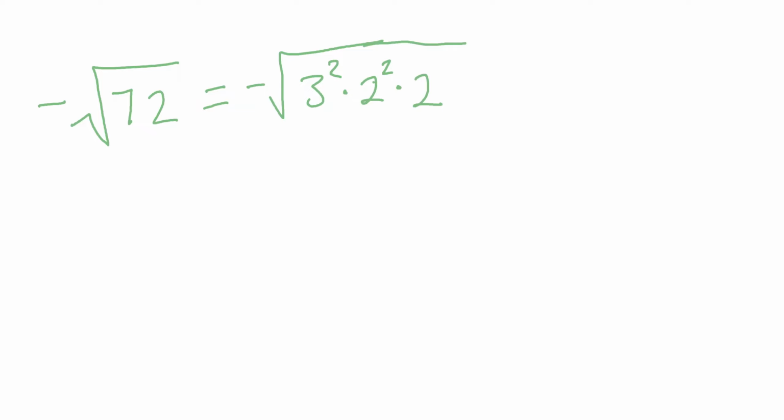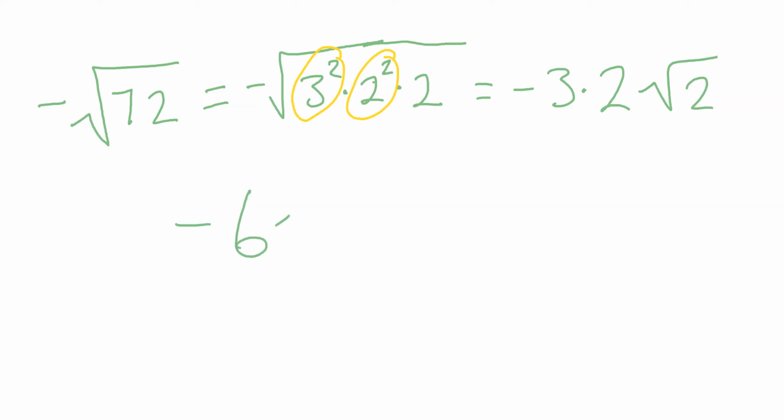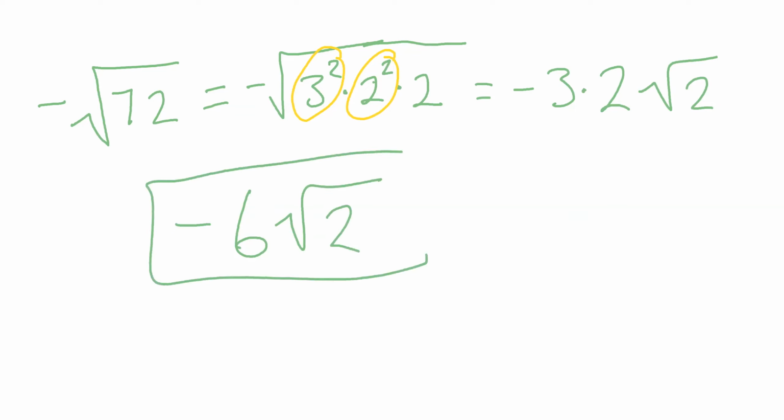Okay. We can take the square root of 3 squared, we can take the square root of 2 squared. And we are going to get a 3 times a 2, but that last 2 is still stuck inside. 3 times 2 is just 6, so we end up with negative 6 times the square root of 2. And the radical is simplified.